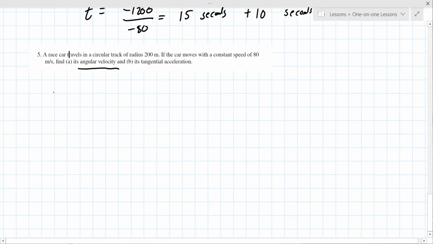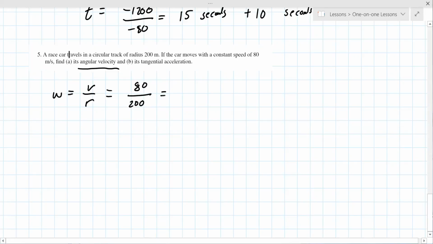So angular velocity W is equal to V over R. Yeah, that seems reasonable. So we have its velocity, 80. Its radius is 200. They're all in the right units.